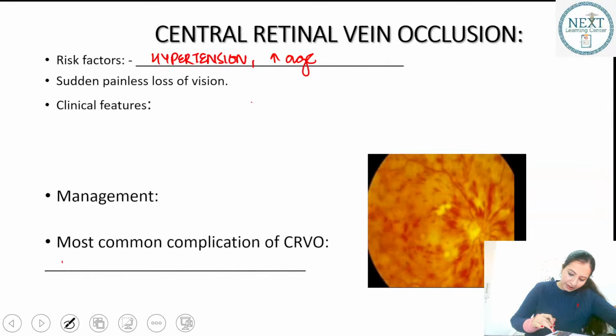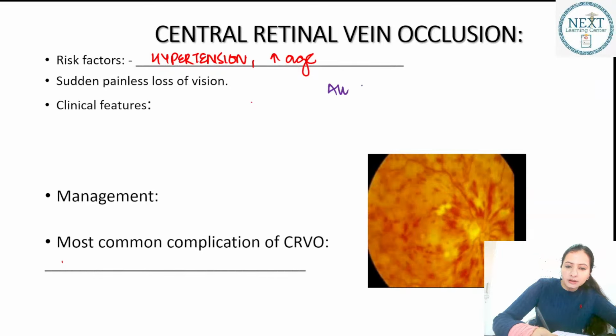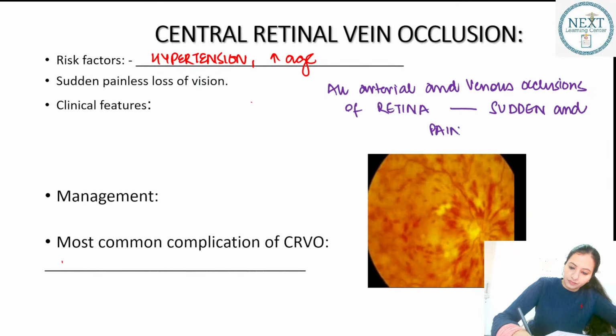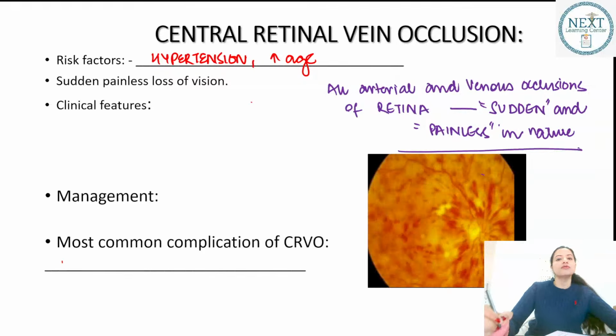Now a very important thing is that all the arterial and venous occlusions of the retina are sudden and painless in nature. That means the patient is going to have sudden and painless loss of vision.